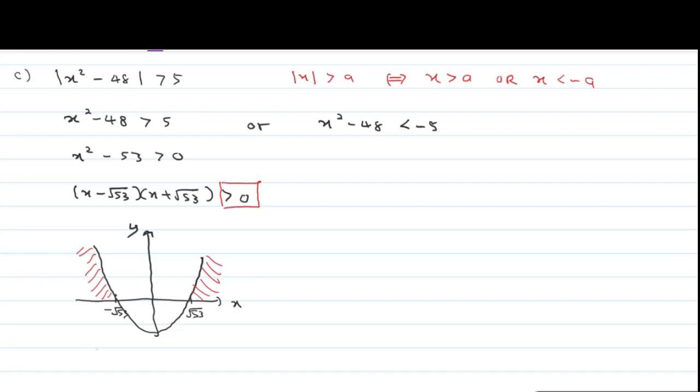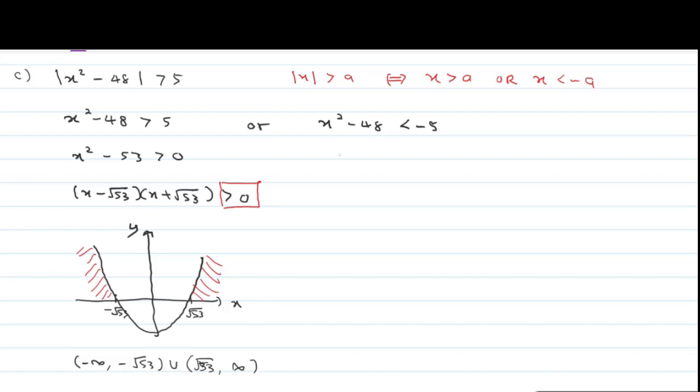So the solution is from negative infinity to negative square root of 53 union square root of 53 to infinity.